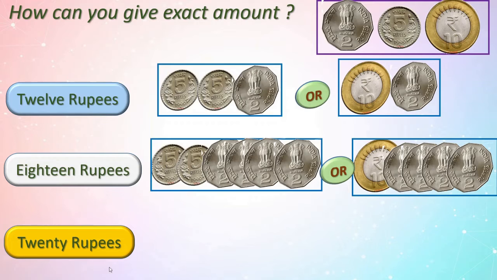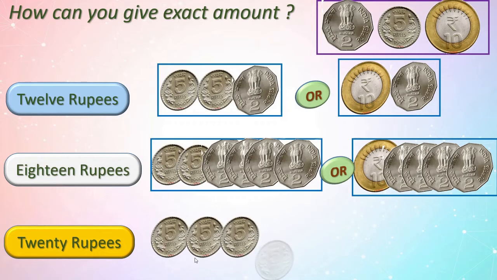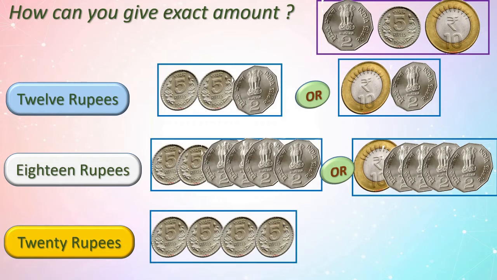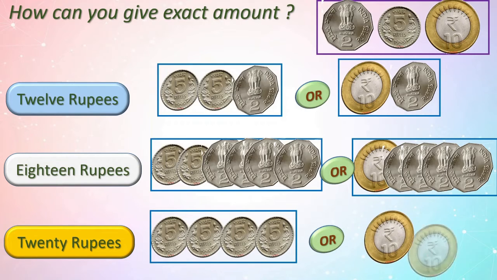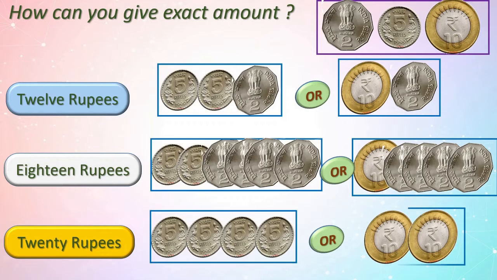Now 20 rupees. Here we can use 5 rupees, 1, 2, 3 and 4. 5 4s are 20. Right? Or 10 rupee 2 coins. Very nice. Or the third way is we can use 2 rupee 10 coins to make it 20 rupees.